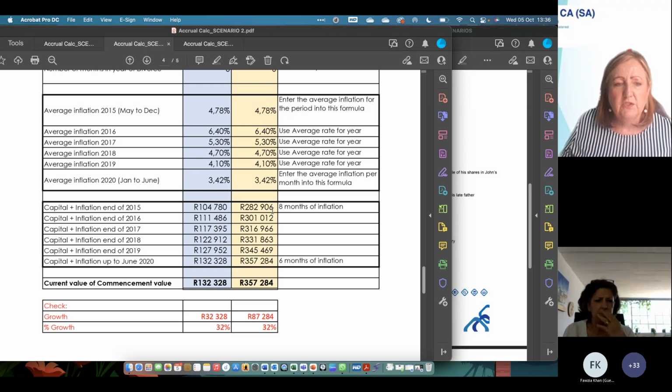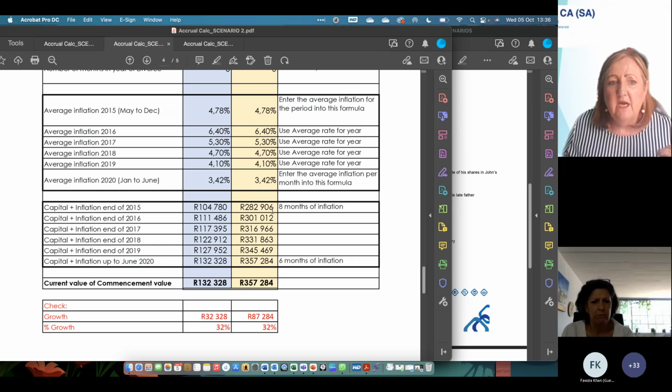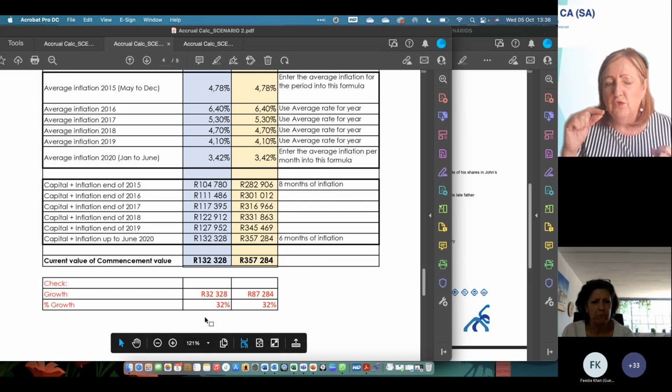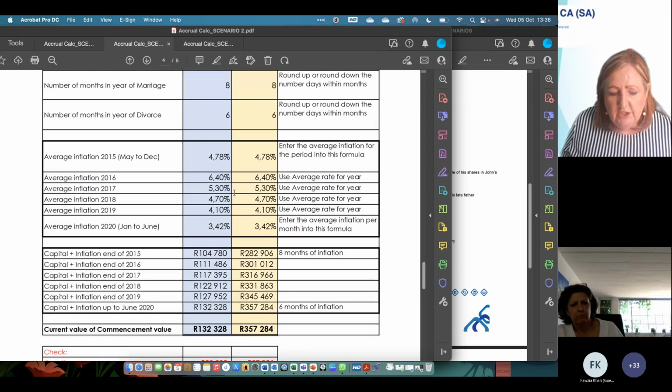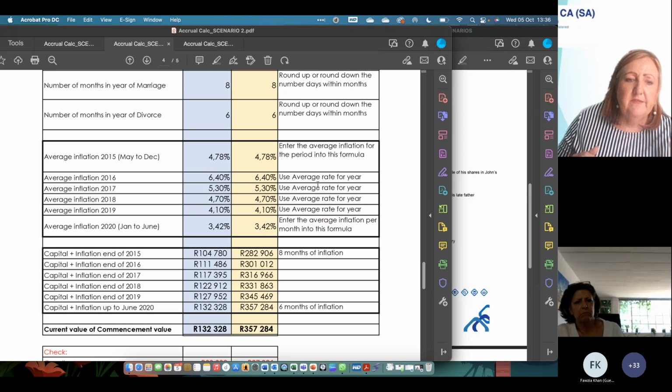The second part of the calculation is we then take the capital amount and plus the inflation for that year. So for 2015, just go up a bit, Mervyn. The original amount was 100,000. So we start with 100,000.